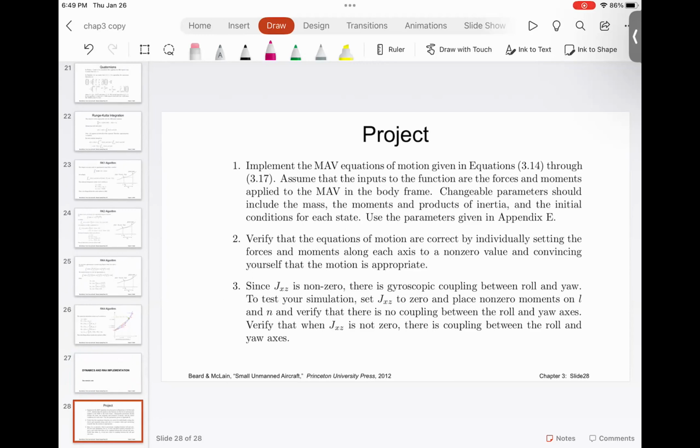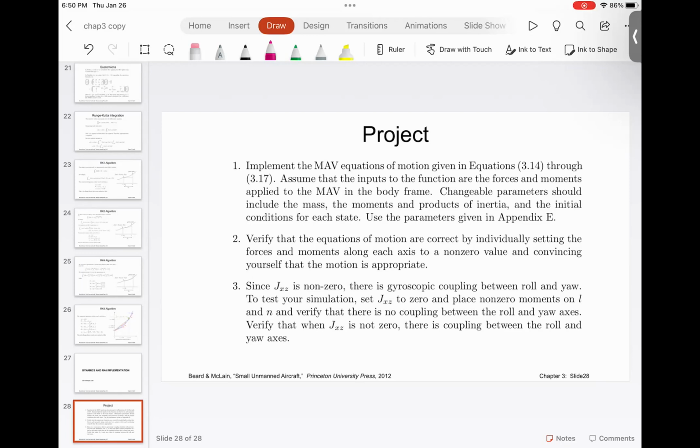We have three forces, Fx, Fy, Fz, and three moments, L, M, and N, that we are feeding to that function. Changeable parameters should include mass, the moments, and products of inertia. So you are free to use whatever value of J that you want.